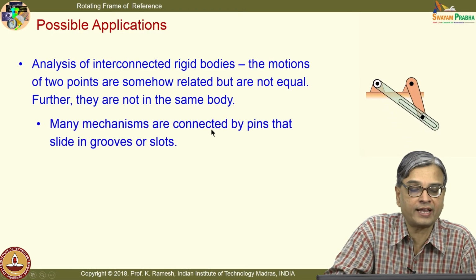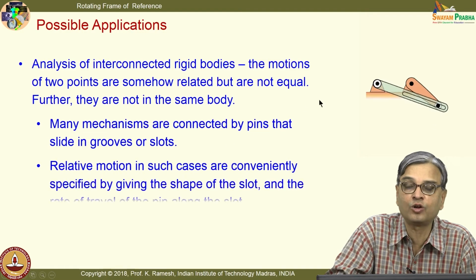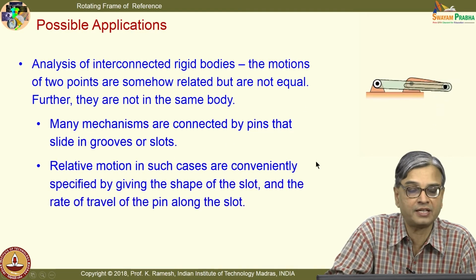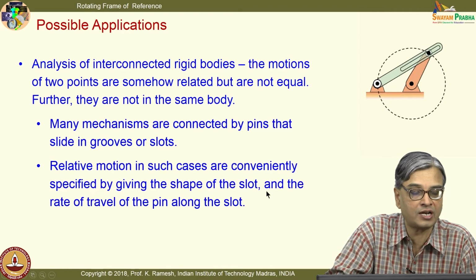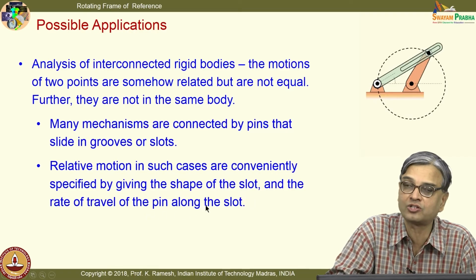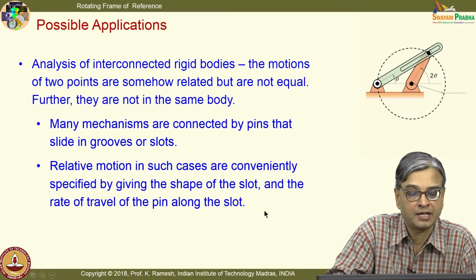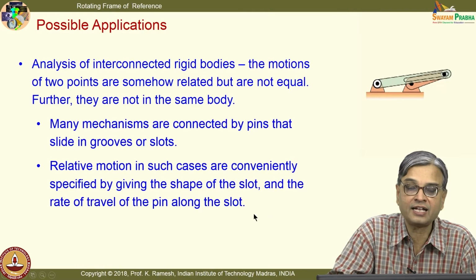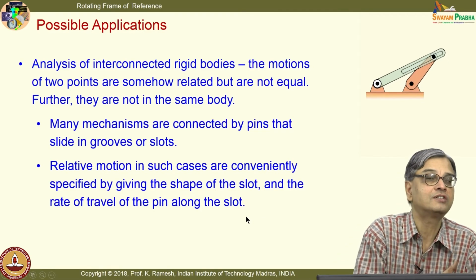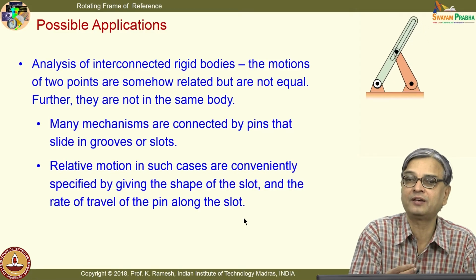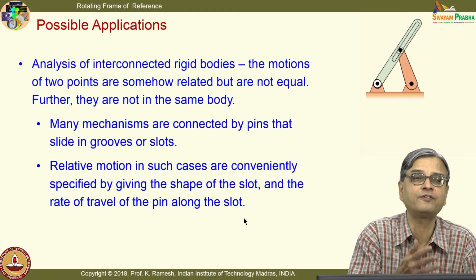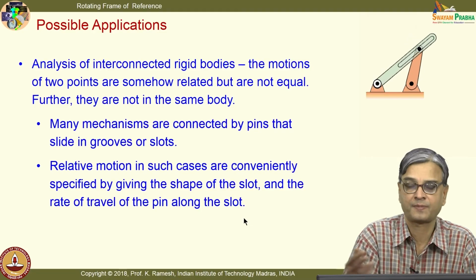Many mechanisms are connected by pins that slide in grooves or slots. So, one of the thumb rules is that relative motion in such cases is conveniently specified by giving the shape of the slot and the rate of travel of the pin along the slot, and attach a rotating frame of reference to the slotted member. It is a thumb rule. Whether it is applicable for the problem under consideration, you have to verify and use it.